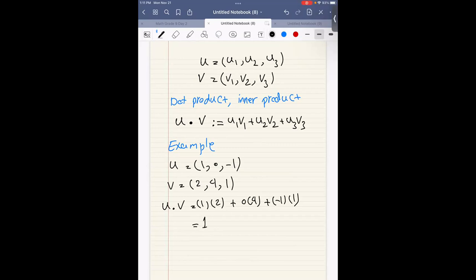So the dot product of any two vectors is just a number. You have to remember this.